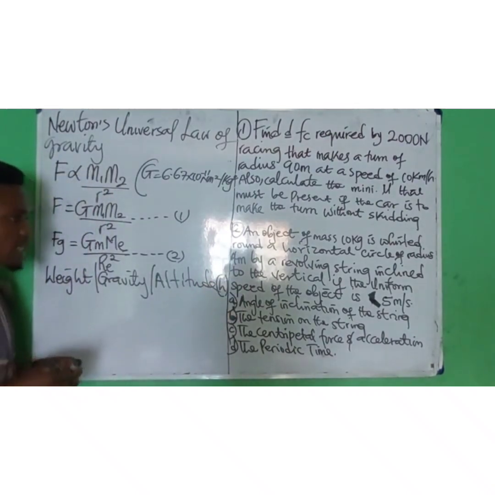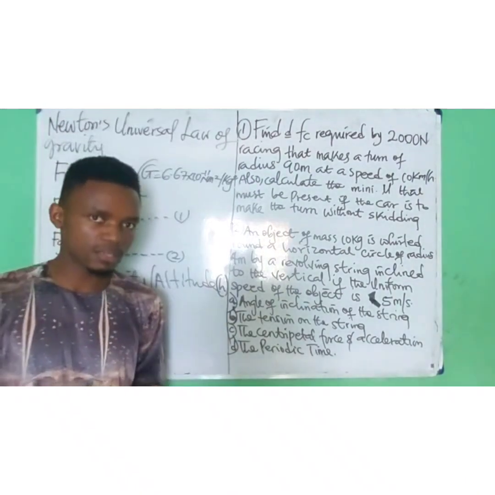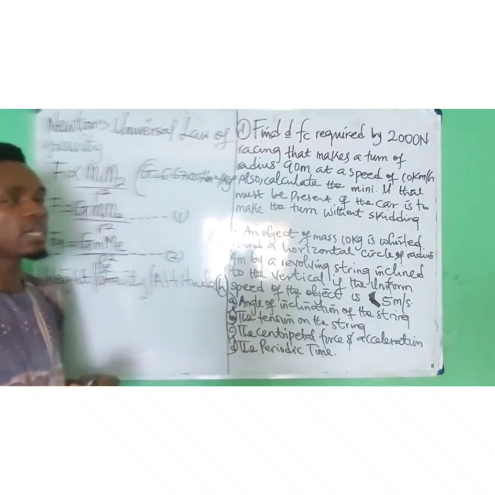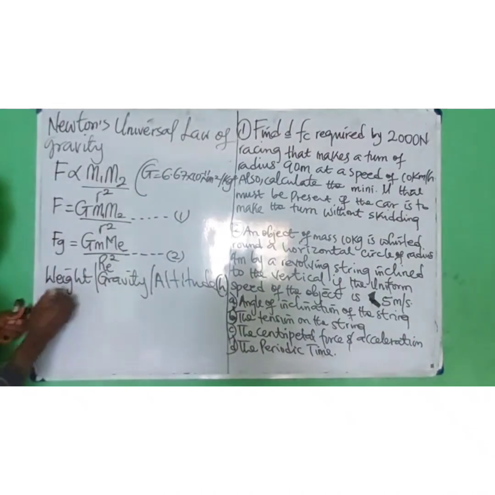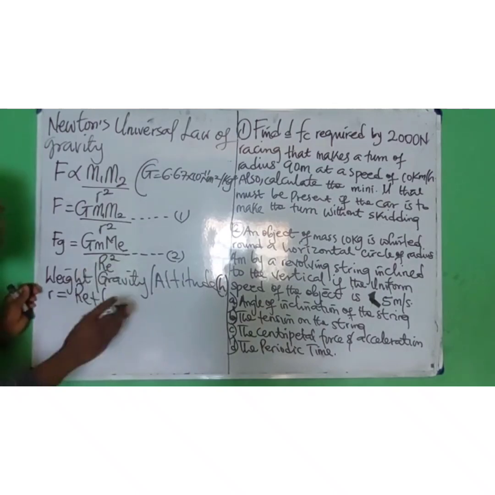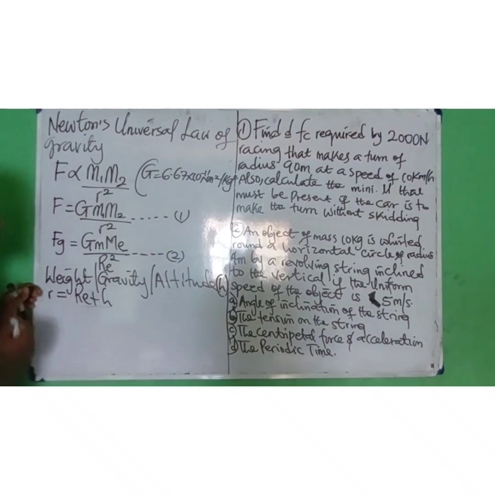Now take note that as soon as an object leaves the Earth's surface, the radius becomes Re plus h. If the radius becomes Re plus h, it means that wherever I see R, I'll put this.